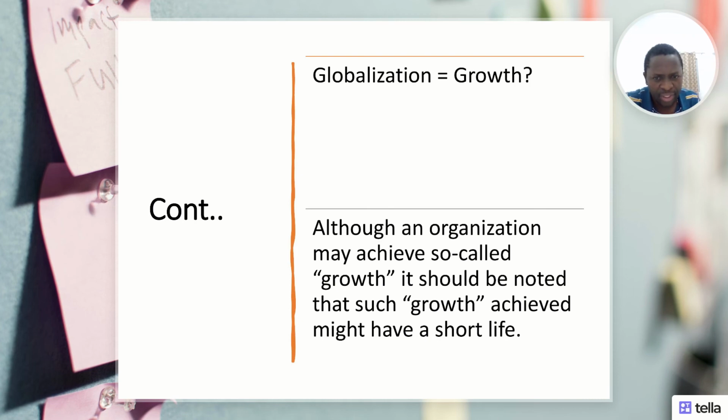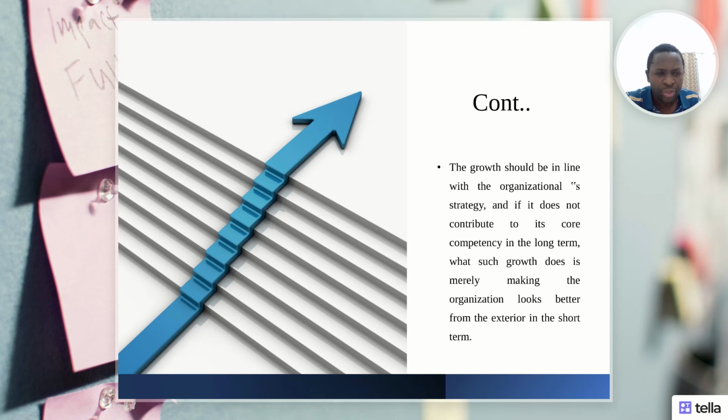Aspect to do with growth. Although an organization may achieve the so-called growth, it should be noted that such growth might have a short life. Hence, the need to come up with a strategy to minimize failures in your global adventure.